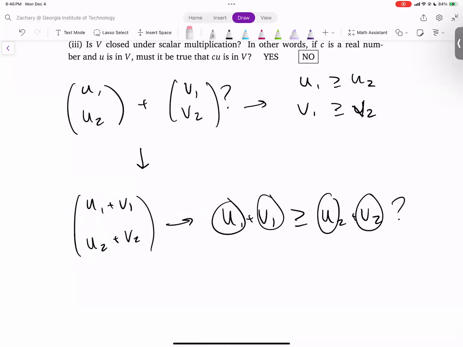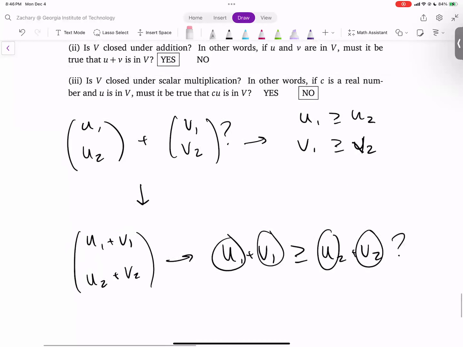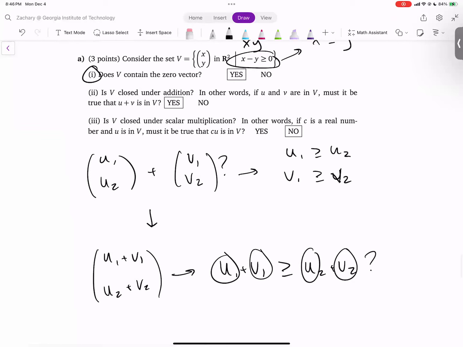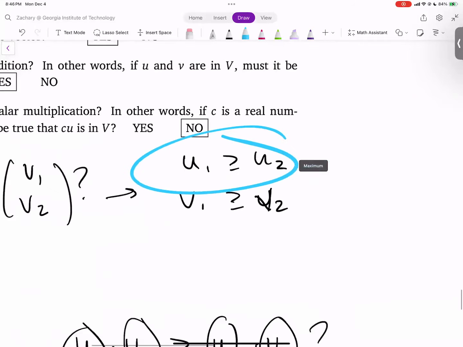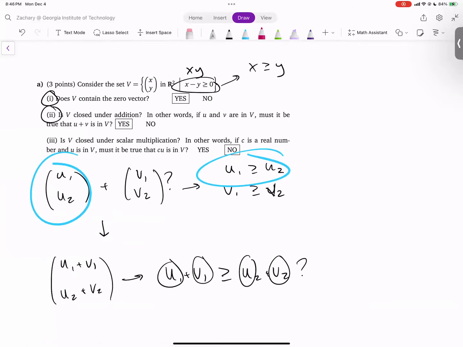I'll draw this out graphically as well, but I'm going to go through the algebra of all three parts first. So part 2 is a yes. Part 3: is this closed under scalar multiplication? Let's go back to just this u1, u2. If I multiply it by c, I get cu1 greater than or equal to cu2.